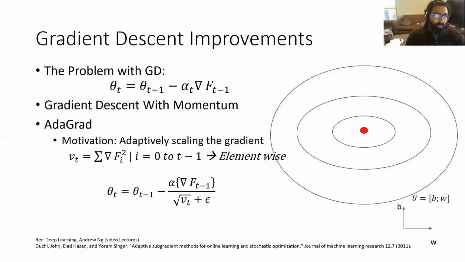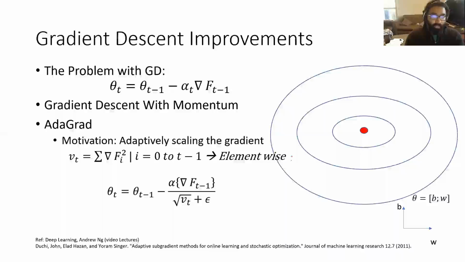You sum it over time 0 to t minus 1. Then you use it to scale your gradient vector. So suppose the gradients were large in the past, then the scaling factor will also be large for that particular element, and hence the effective step size will be less.